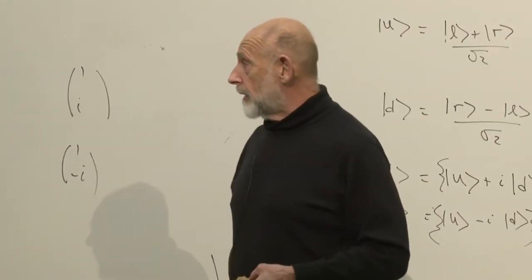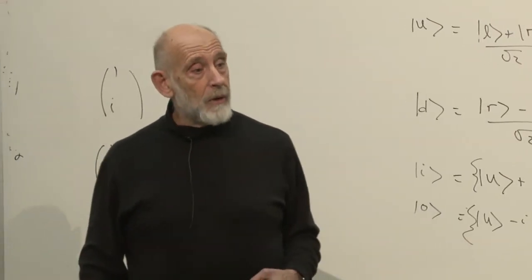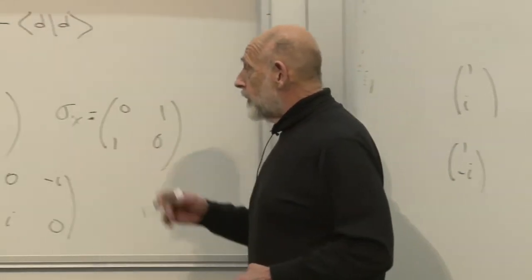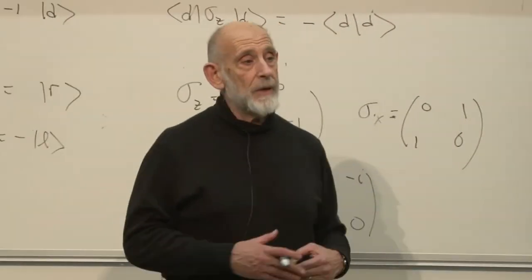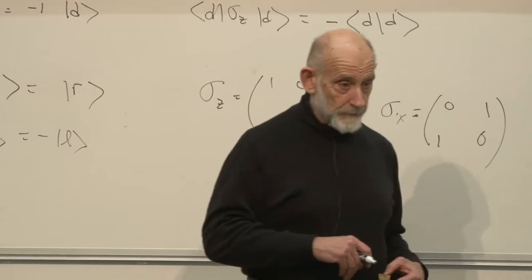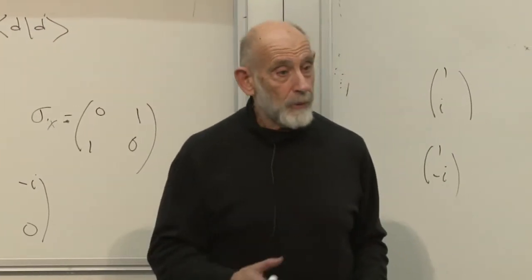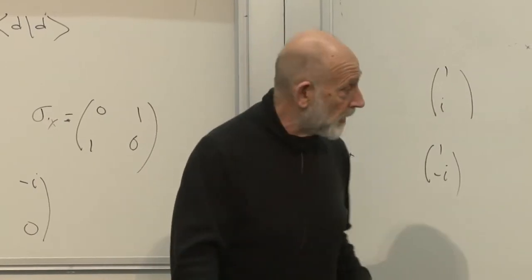I think that's enough for tonight. What I was going to do, and I have in my notes, was exactly this question: what happens if you have a component of spin along an arbitrary direction? Can we show, using what we know, that... we'll do this next time.